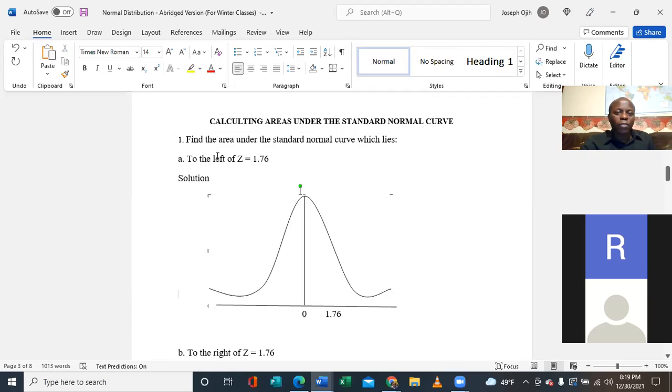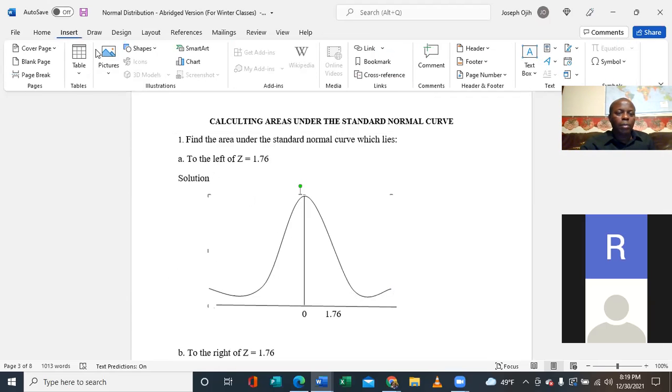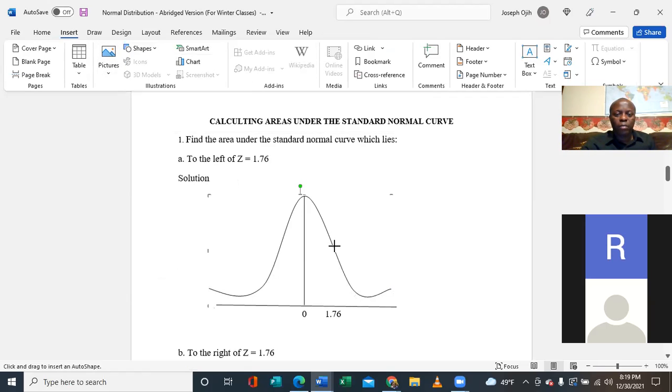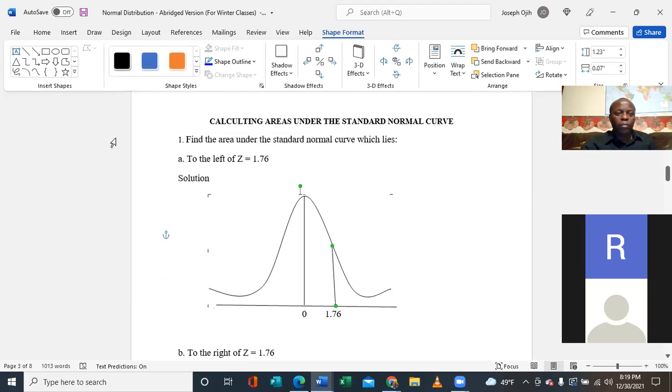All right. So to the left of, see, left is on this side. So this is 1.76 to the left. That means I'm going to shade the left side, not the right side. Let me get 1.76 first. And to the left of it is all these things at the left. So I'm going to shade the left side.